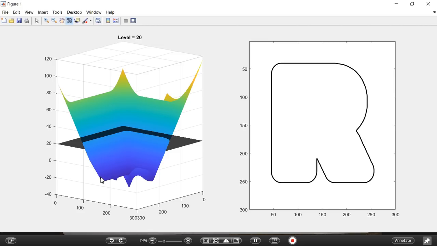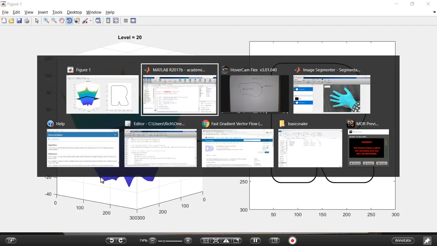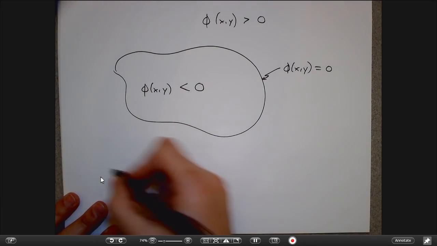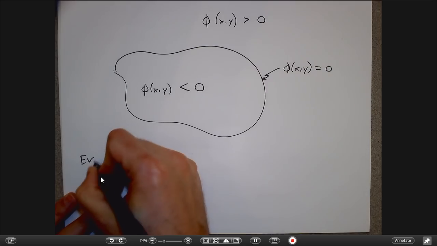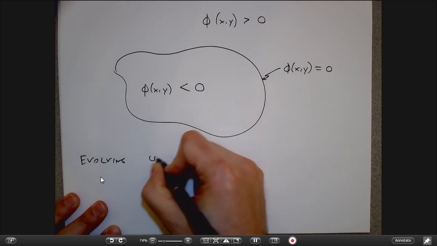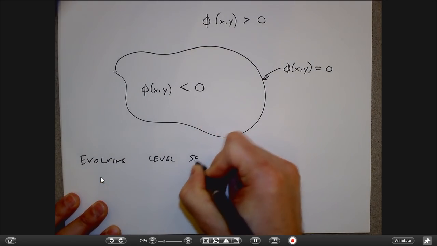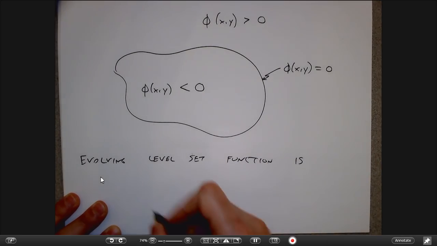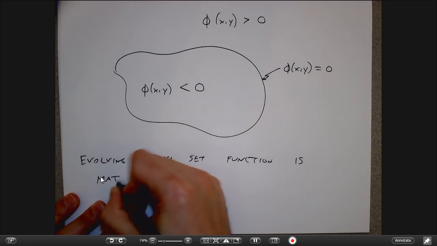And so the basic idea is that evolving this level set function is mathematically better behaved, let's just say.